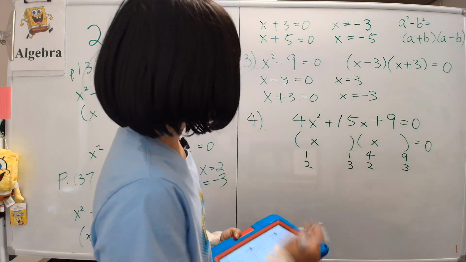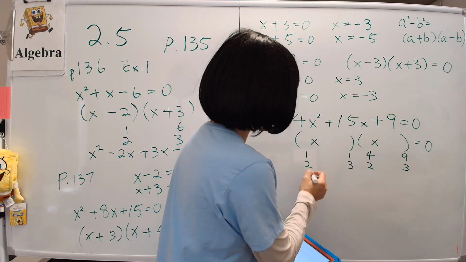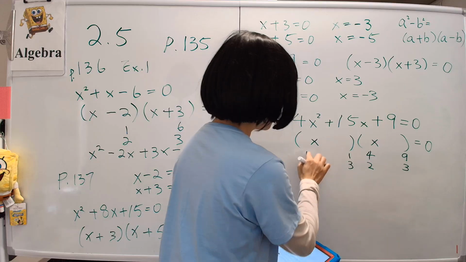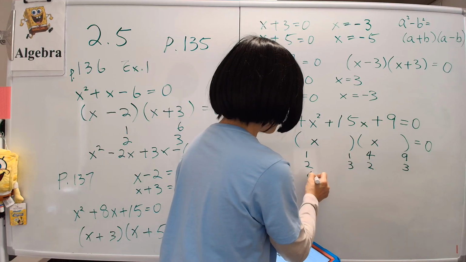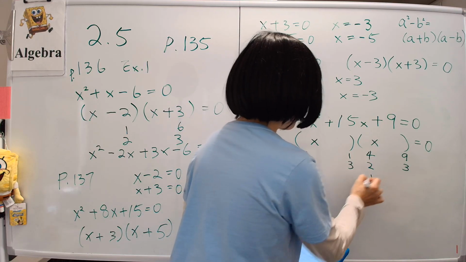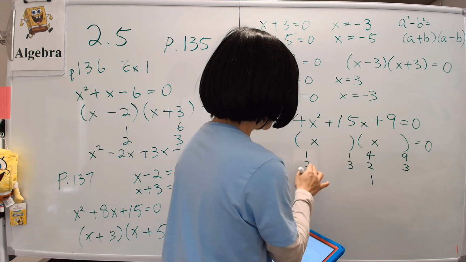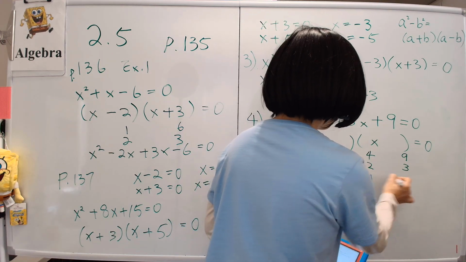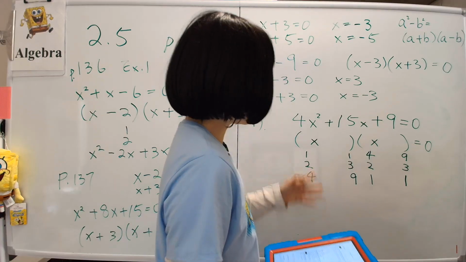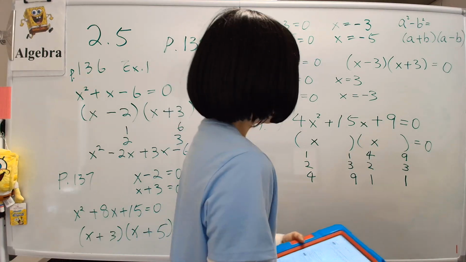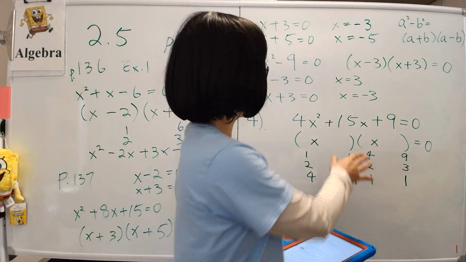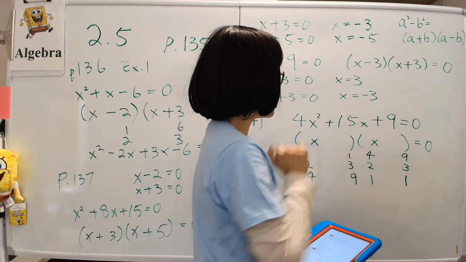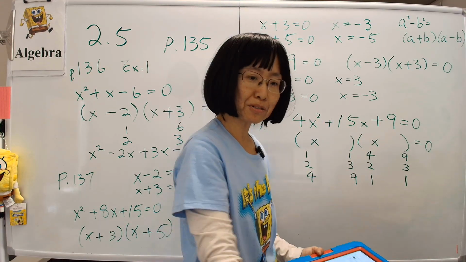So the possibilities I wrote down are still not quite good enough. We need to switch it around, because this can be either 1 times 4 or the other way around, 4 times 1, and this one can also be 9 times 1. So these are all the possible combinations. Then we stare at this and hope that we can come up with 15 out of it. Luckily, everything is positive so that we don't have to think about subtraction.